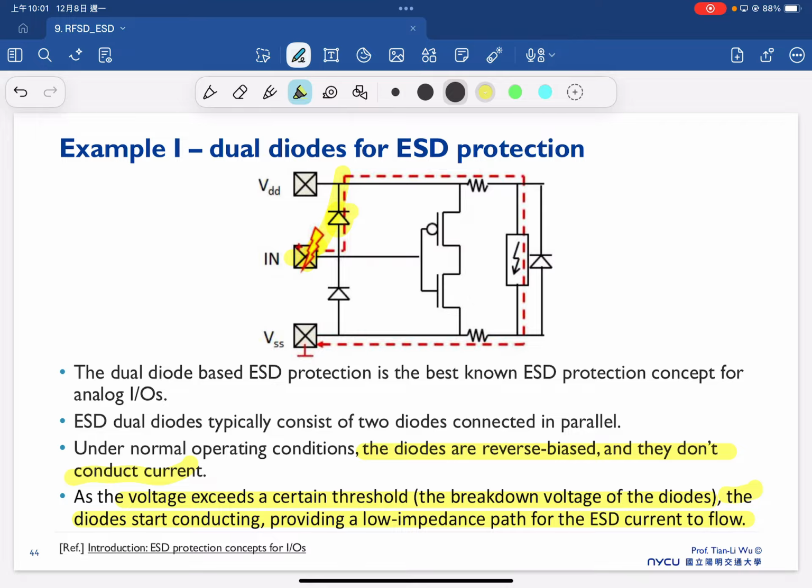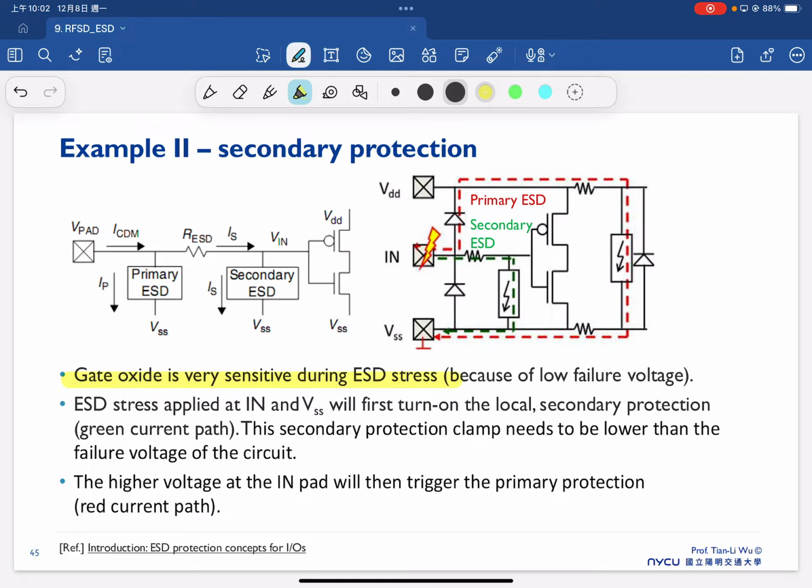And also, we sometimes place several different levels of ESD protection. This is because, for example, the gate oxide is very sensitive during ESD stress.